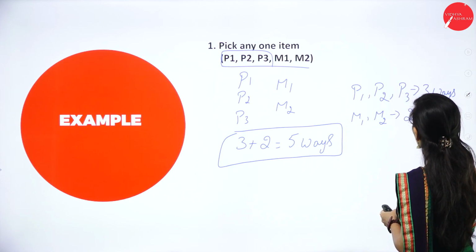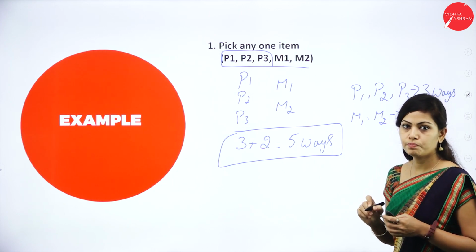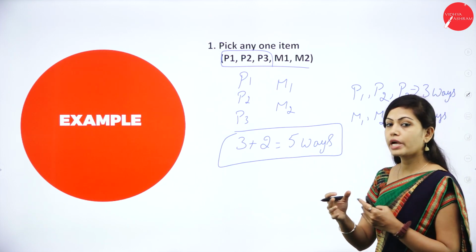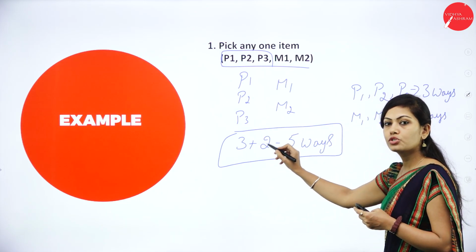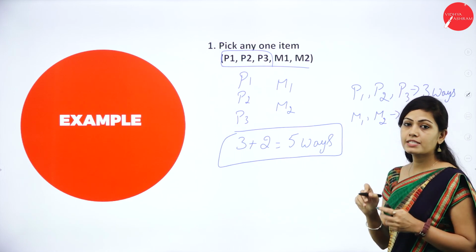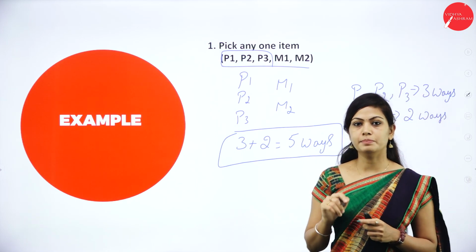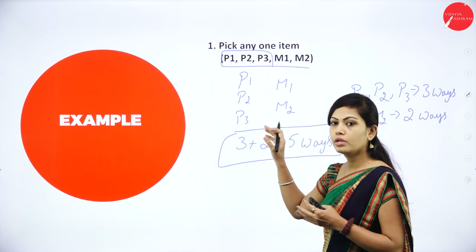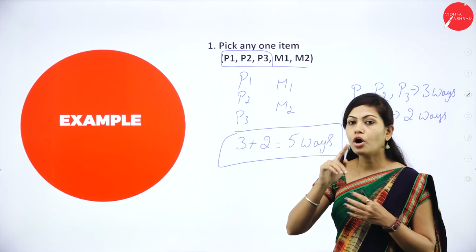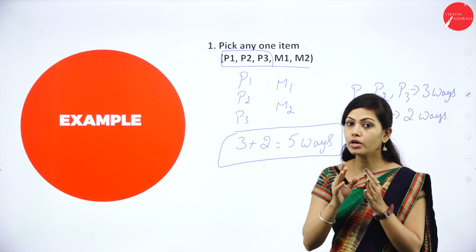So totally, 3 plus 2 is equal to 5 ways you can pick an item. Very simple concept. In sum rule, you can pick any one item or another item, but not both.